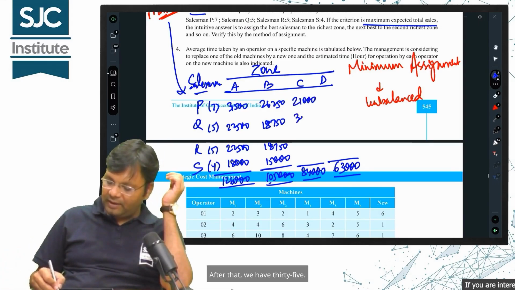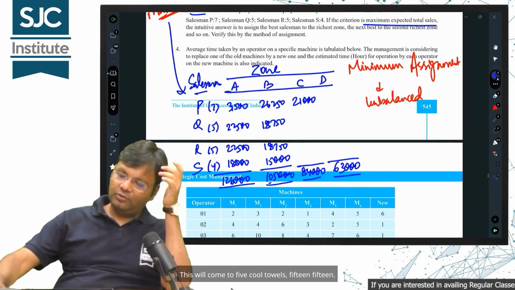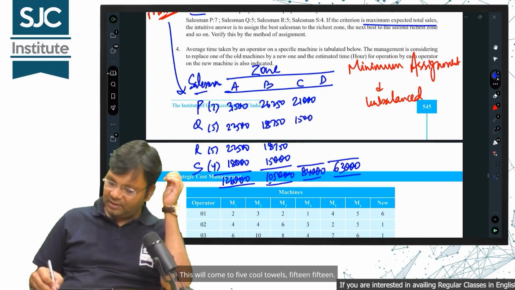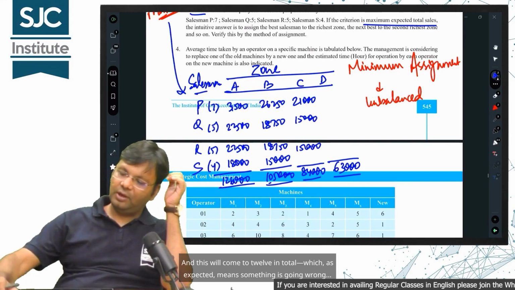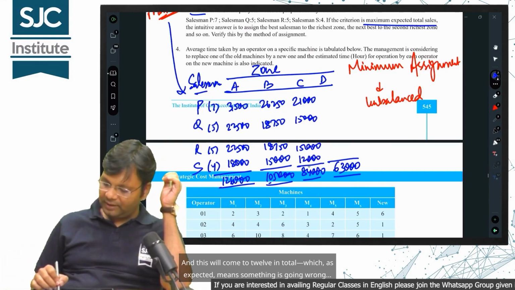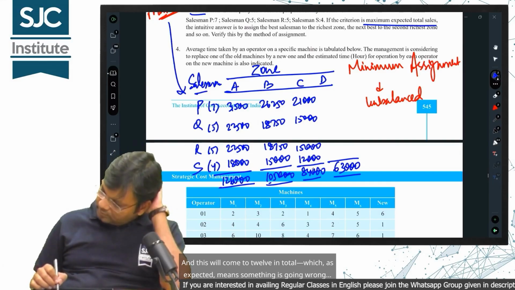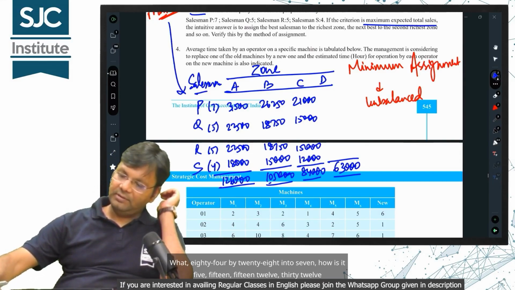After that, we have 35. Sorry about that. This will come to 15, and this will come to 12 in total, which, as expected, means something is going wrong. What? 84 by 28 into 7?